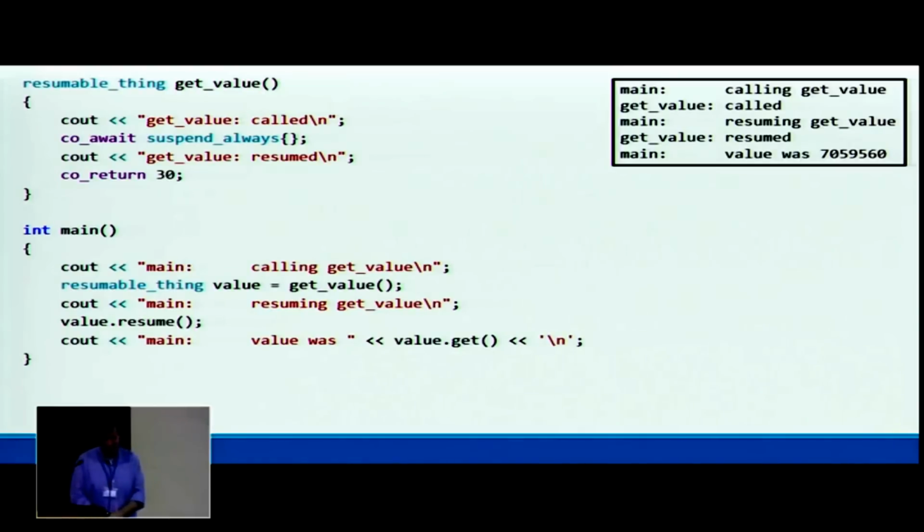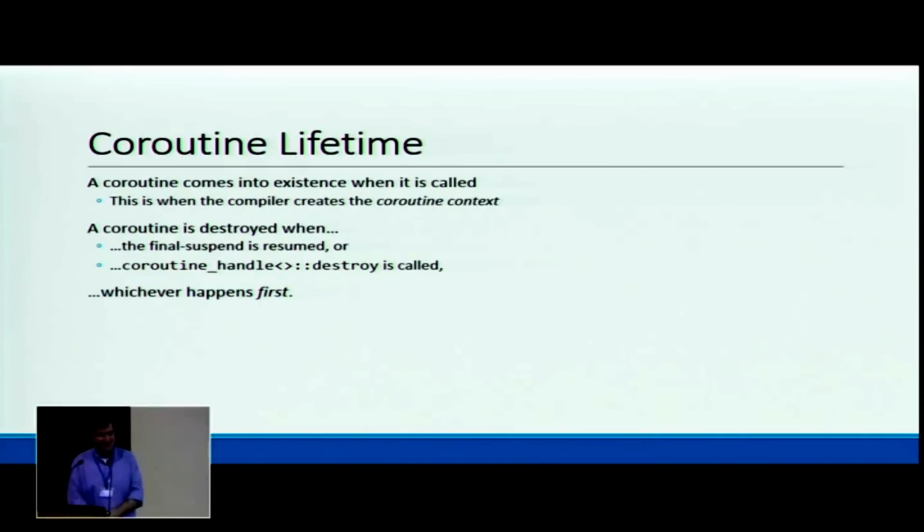Okay, what just happened here? We have to look at the coroutine lifetime. I said a little bit earlier that a coroutine is destroyed when the final suspend is resumed or when the coroutine handle destroy function is called, whichever happens first.